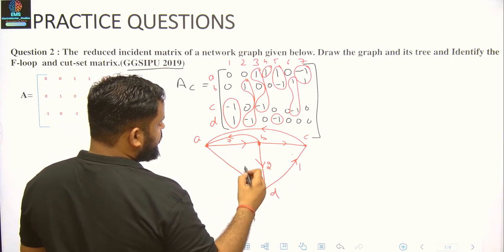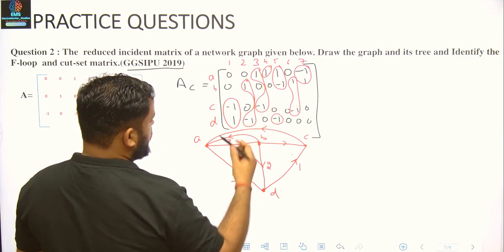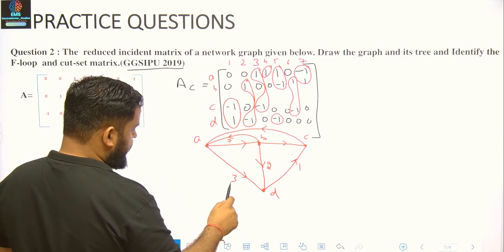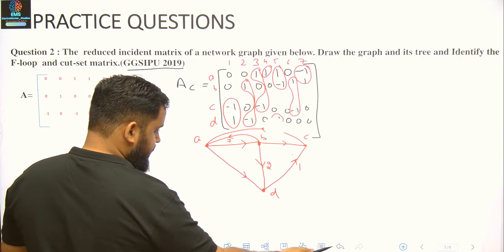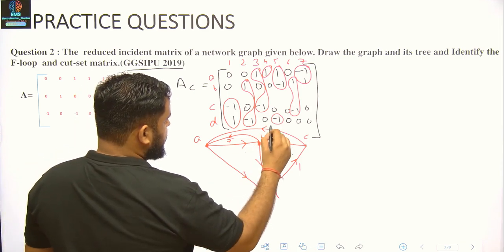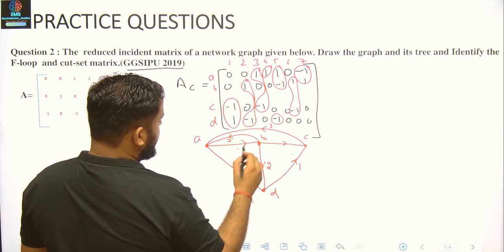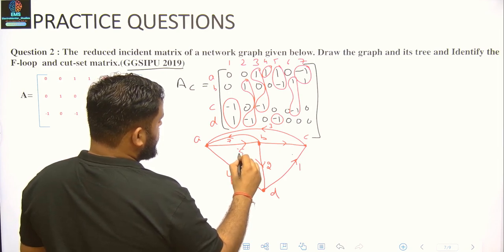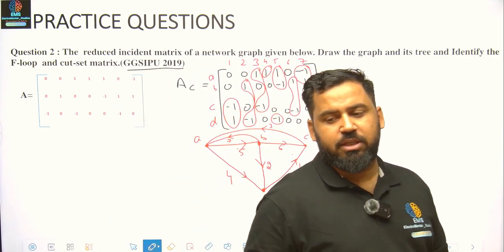So we have 1, 2, 3. I forgot to mention the numbers. This is my third. This is my A to D is fourth. This is fifth. This is sixth, and this is seventh. So this is my graph.